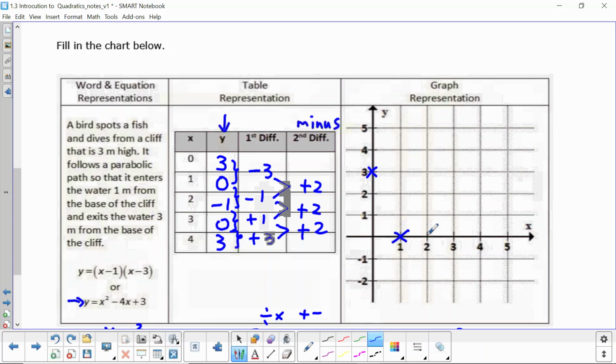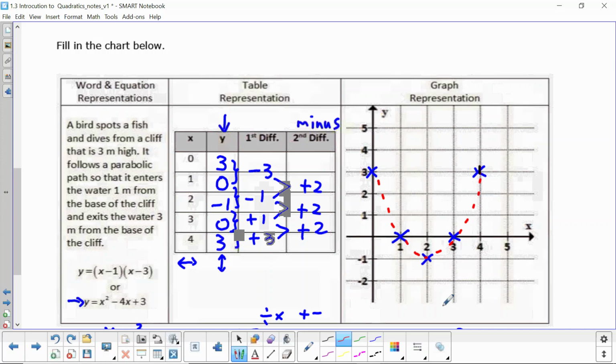Write 2, negative 1 means down 1. 3, 0. So write 3, no up or down. This one, 4, 3, write 4, up 3. So the x coordinate is left, right, the y coordinate is up, down. Okay. Then we connect these points. You will see, yes, it is a U shape.